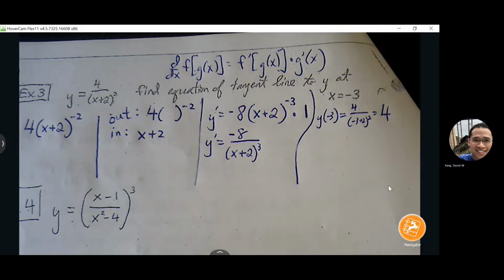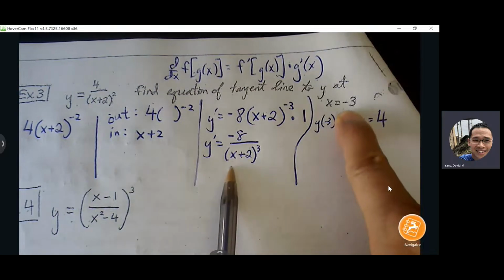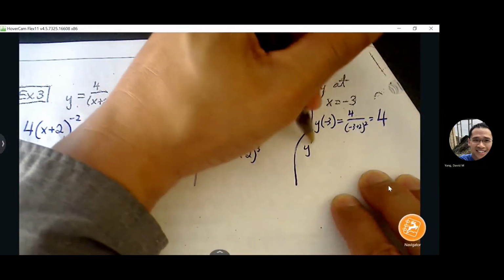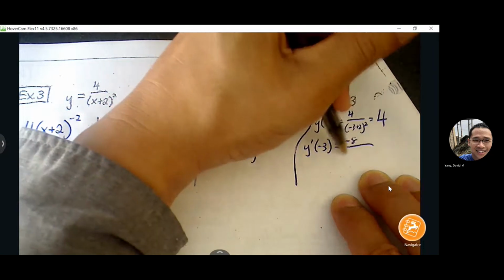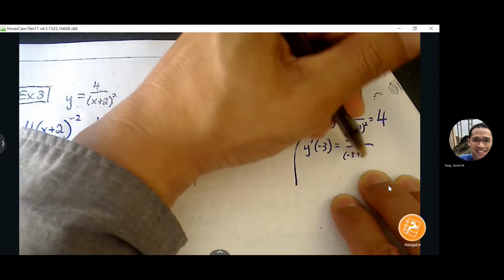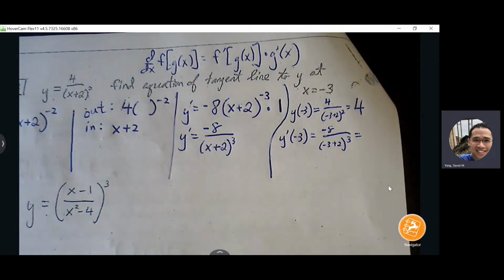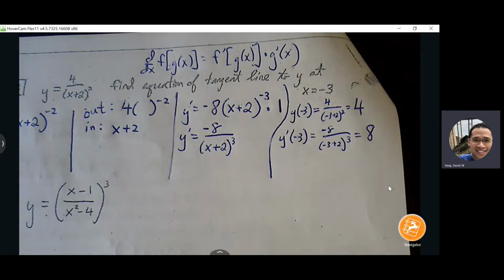Next up, plug -3 into the derivative, right? That'll get me to the slope. -8 over -1. That gives us what? +8. Okay, everything we need is here, right? We have our ordered pair, we have our slope.